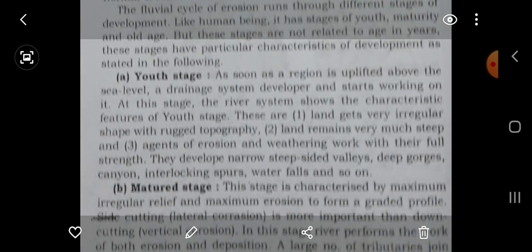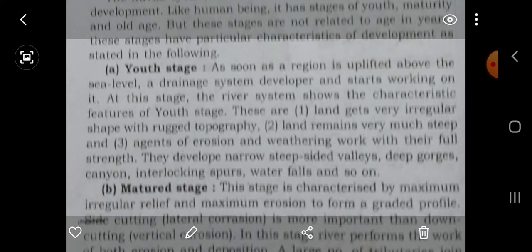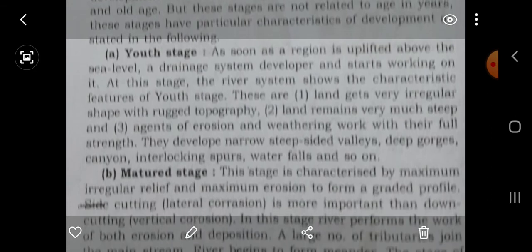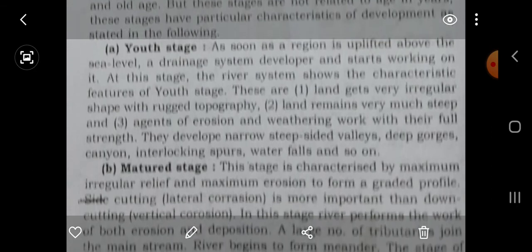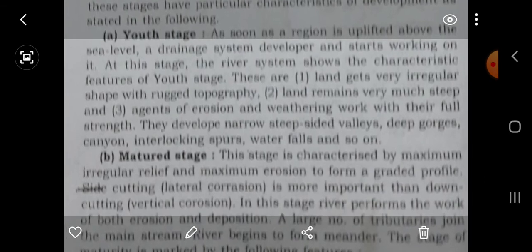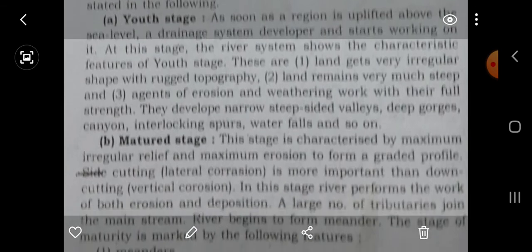As soon as the region is uplifted above the sea level, a drainage system develops and the streams work on it. At this stage, the river system shows the characteristic features of the youth stage. The land gets a very irregular shape and rugged topography.